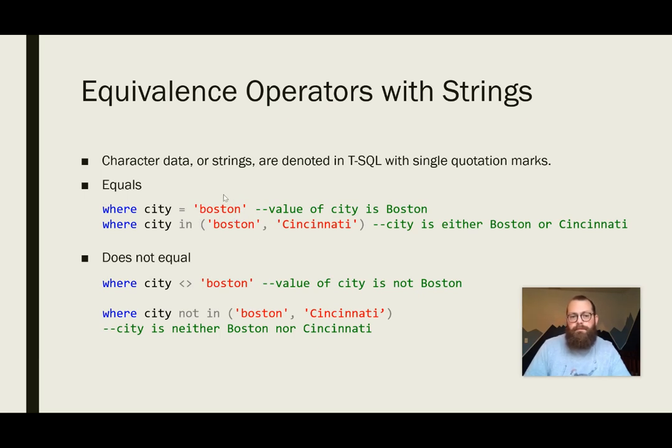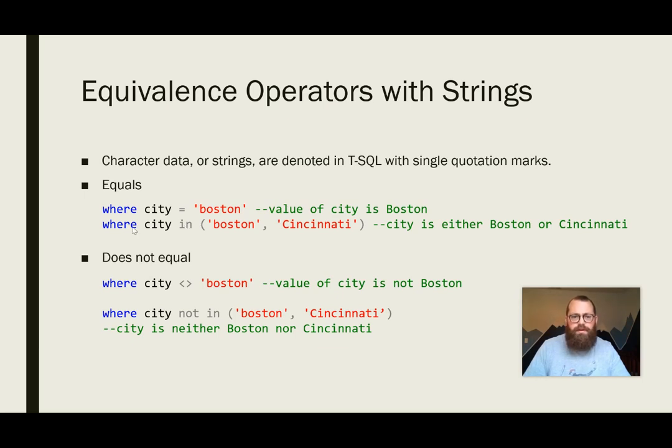You'll also note that SQL changes the formatting to red to denote that it's a string. So in the first clause, where city equals Boston, we're returning records where the value for city is Boston. And note that if there's a space after it or before it, that would not be true for this particular condition.